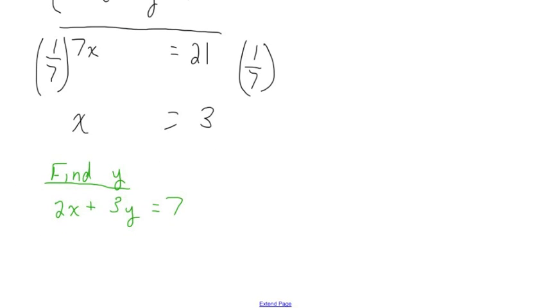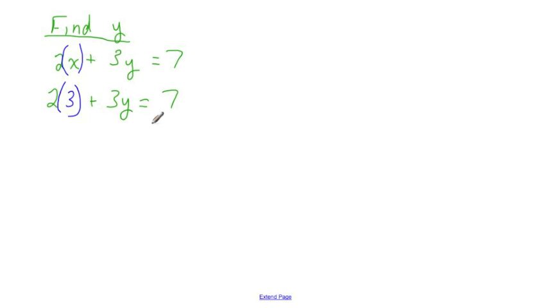I know that x is 3, so I'm going to substitute 3 in for x. So this is going to be 2 times the x value, which is 3, plus 3y equals 7. Notice now that this equation has only one variable, the y, so I can easily solve for that. I need to continue simplifying this expression. 2 times 3 is 6.